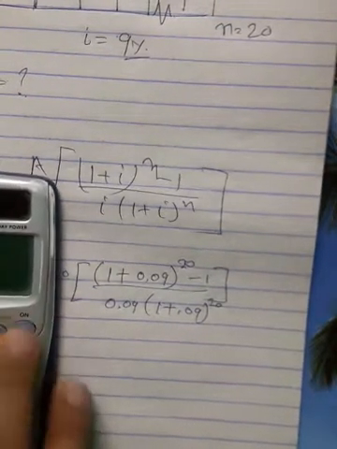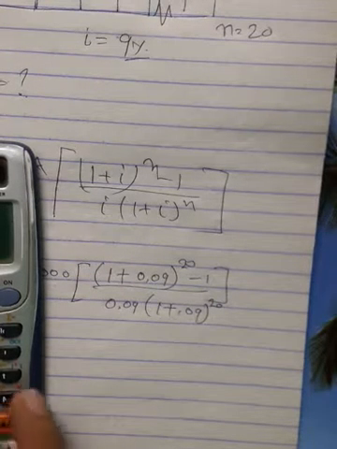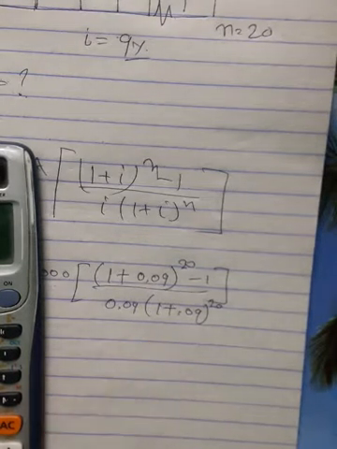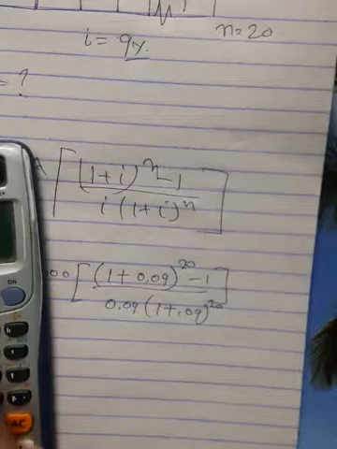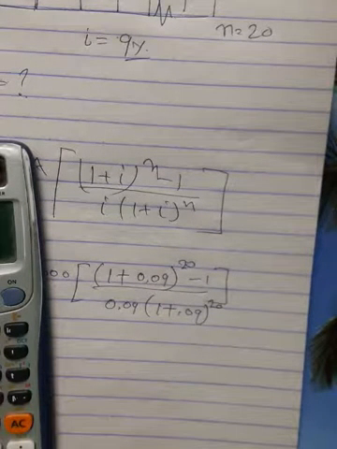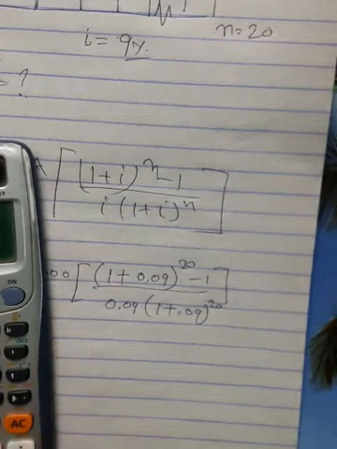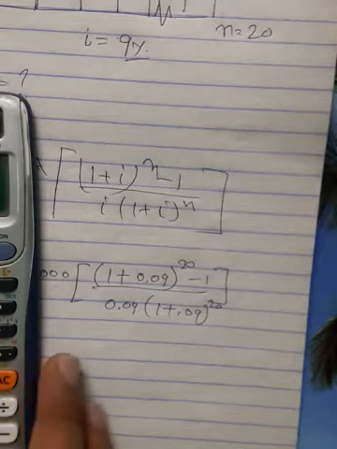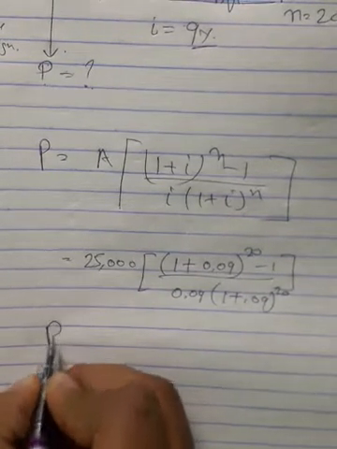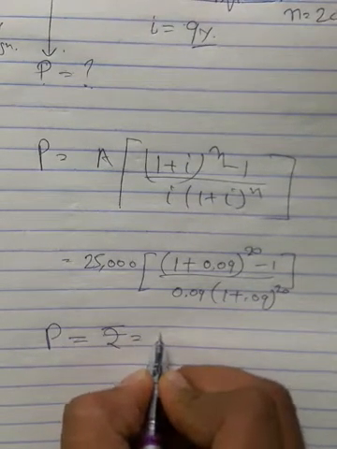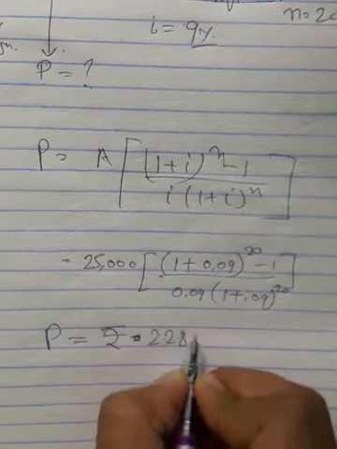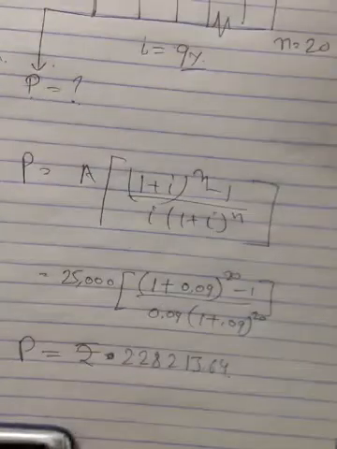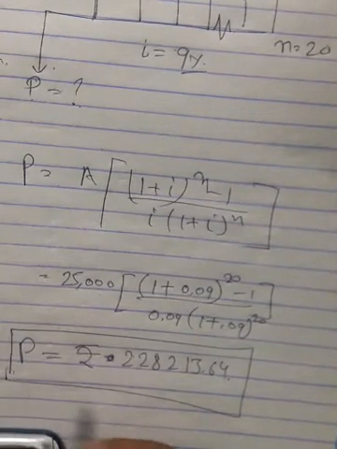Put it in the calculator, into 25,000. So you got the present amount you need to pay: rupees 228,213.64. This much present amount you need to pay. This completes your problem.